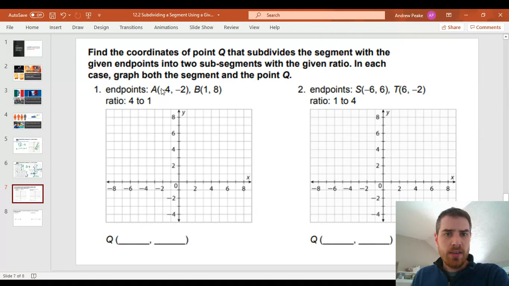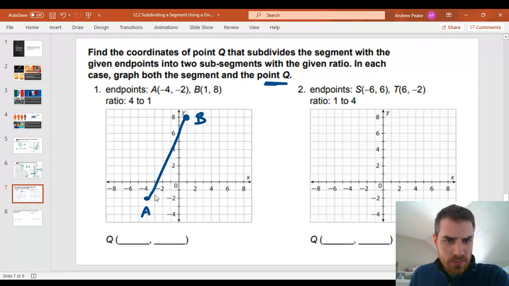So here we're given endpoints and we're given the ratio. We're trying to figure out where Q is going to be on this line. So we'll go ahead and plot these points, -4, -2 for A, and then for B, I got 1, 8, B right there. All right, let's try our best line here. Something like that.